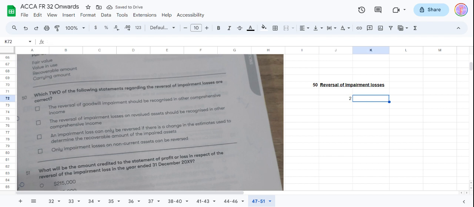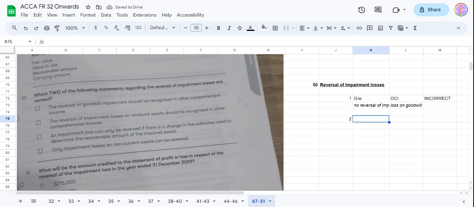So the first option says the reversal of goodwill impairment should be recognized in OCI. This is incorrect, because there is no reversal of impairment loss on goodwill. So this will not be the answer.